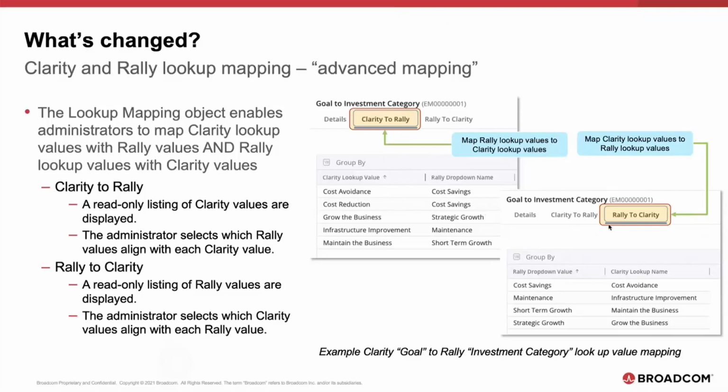If we switch over and look at it from Rally to Clarity, should a Rally user select the investment category of strategic growth, the Clarity goal will be updated to grow the business. So those are the map values on the Rally to Clarity side. These are two different subtabs within the lookup mapping area. So this option allows you to translate data between the two systems.